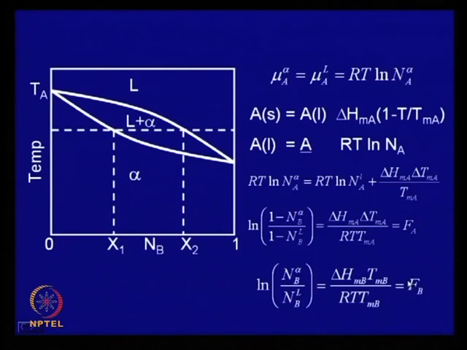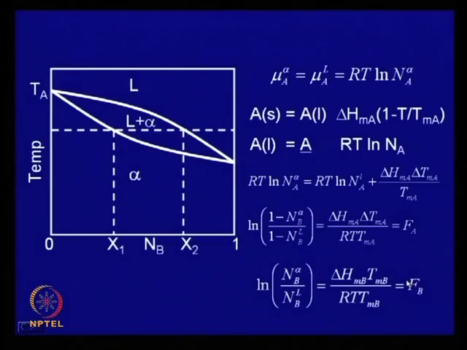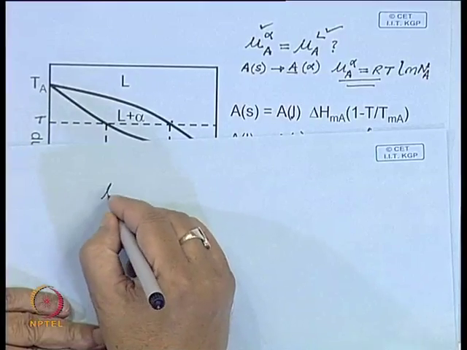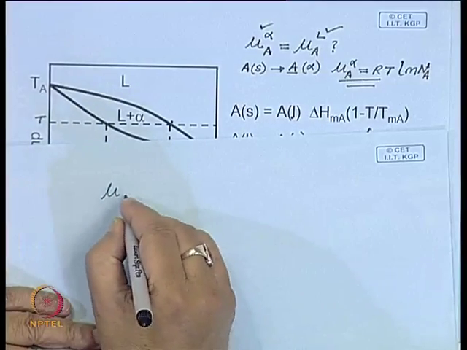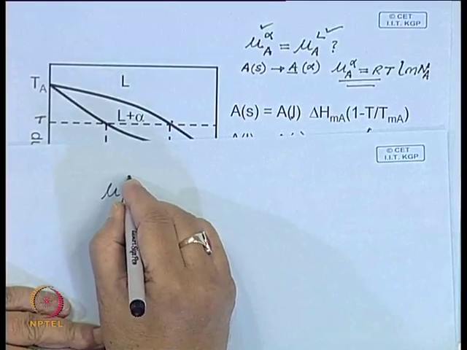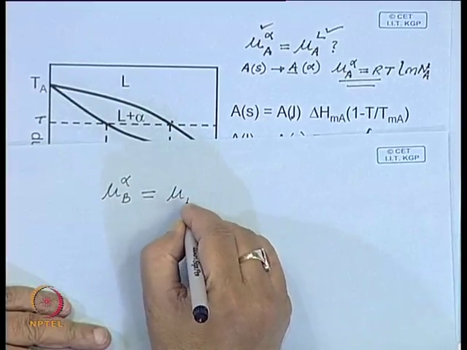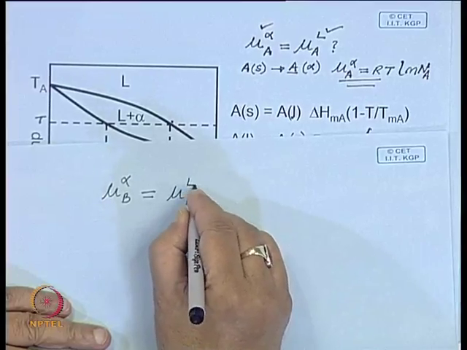This you can do exactly in the same way by equating what you need here. You need to repeat the same thing for the chemical potential of B, B in alpha and B in liquid.